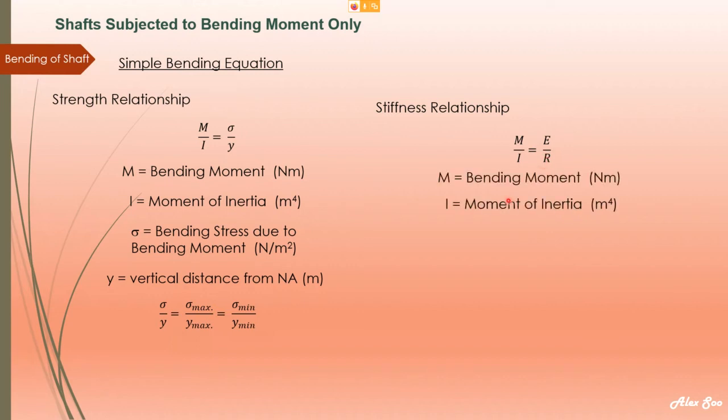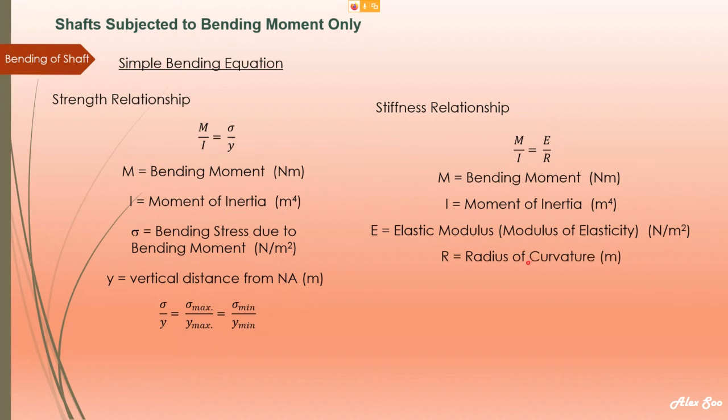I is the moment of inertia, E is the elastic modulus, usually given in gigapascal or giganewton per meter square. 1 giganewton per meter square is 1 gigapascal, or 1 Newton per meter square is 1 Pascal. R is the radius of curvature.